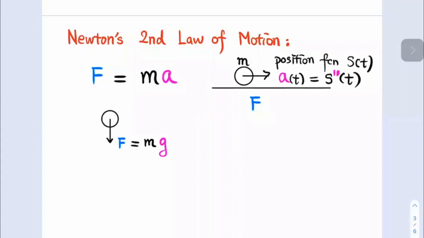We know that on Earth, when an object is falling, the gravitational acceleration is g, which is 9.8 meters per second squared when we're using international units. So the gravitational force is equal to mass times g.